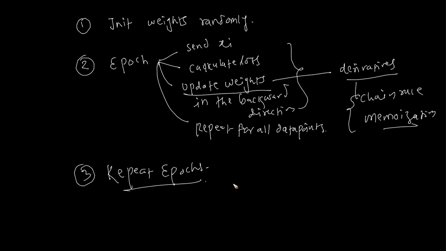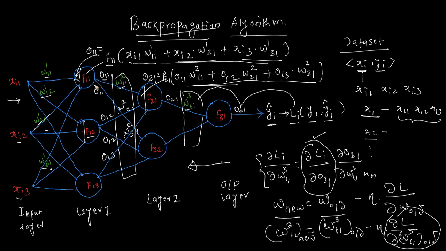Okay. Now the important point to note is that these activation functions must be easily differentiable. These activation functions which are there in the neurons must be easily differentiable, right? Why? Because we are calculating these derivatives, for example the derivative of O31 with respect to W31.